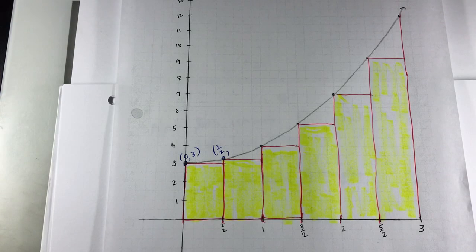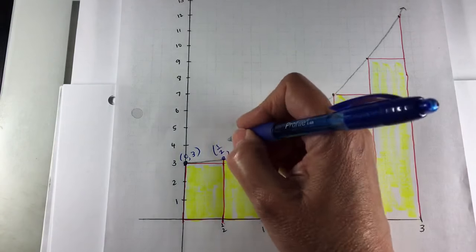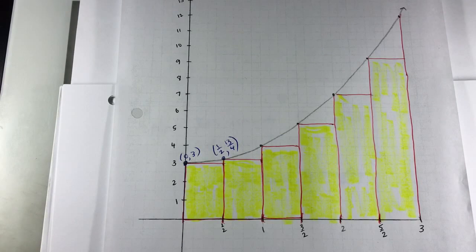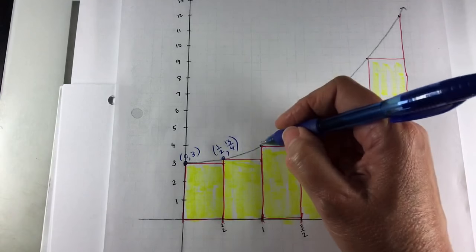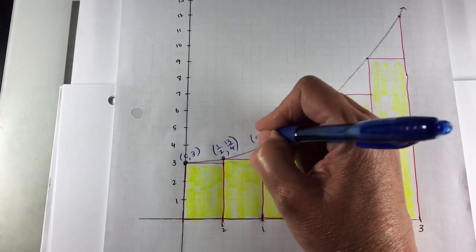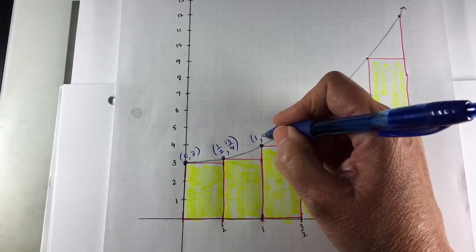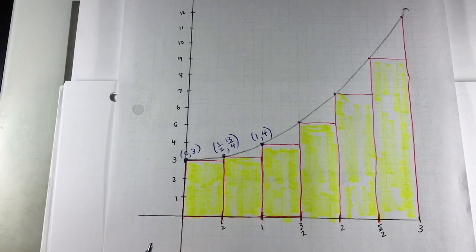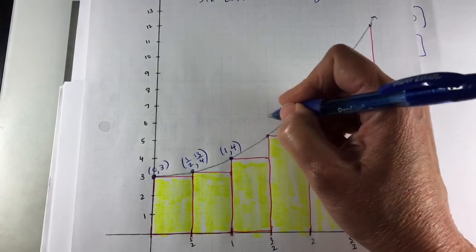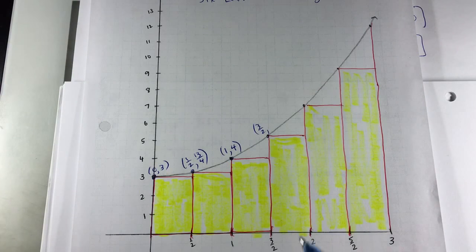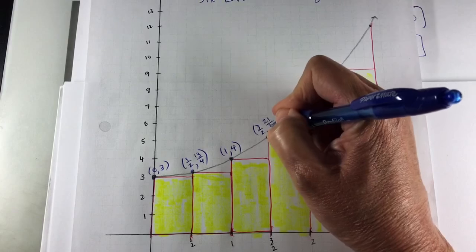If you plug 1/2 into x squared plus 3, you're going to get 13 over 4. You can check that out if you're not sure. The third left rectangle touches the graph at 1, comma, what's the y value? 4. The next one, which has x value 3/2, touches the graph at a y value of 21 over 4.